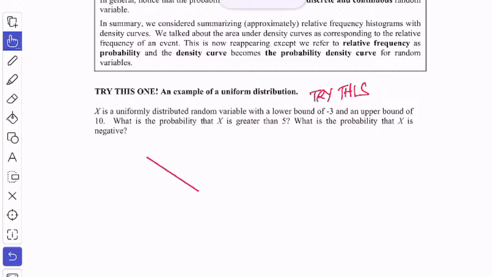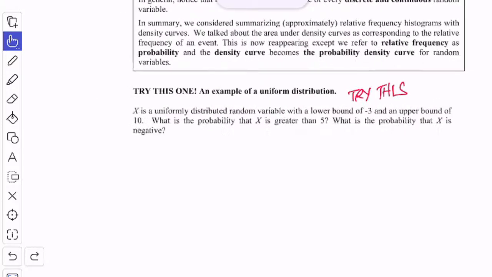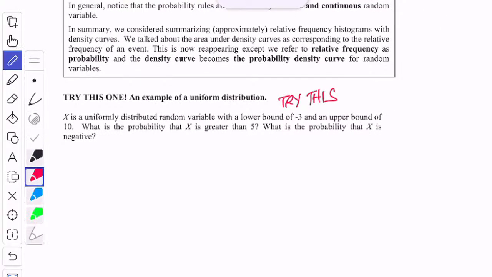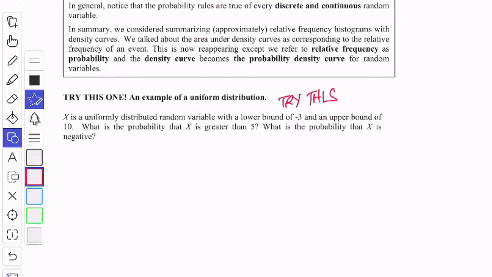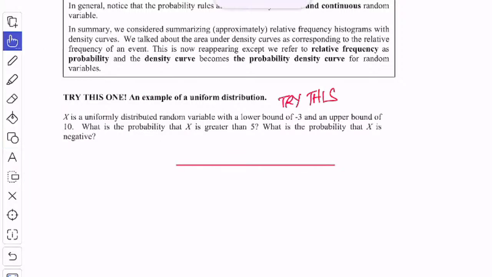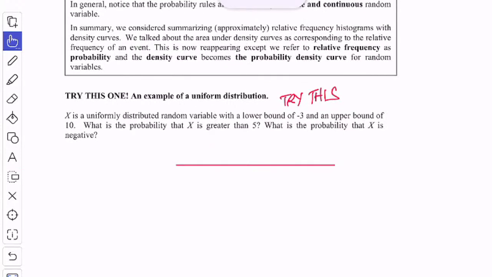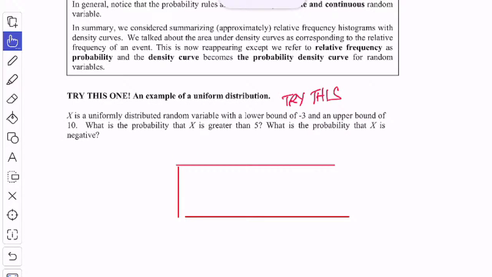Oh, it makes a straight line. Okay. That's good. Oh, I have to hit it each time. Cool.